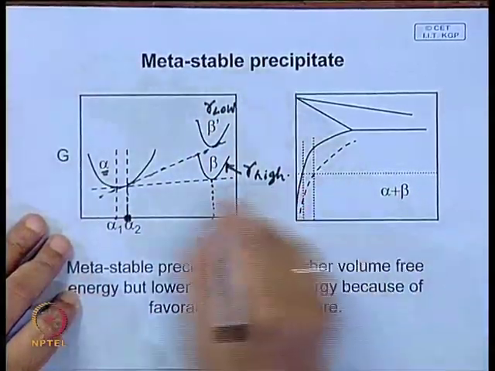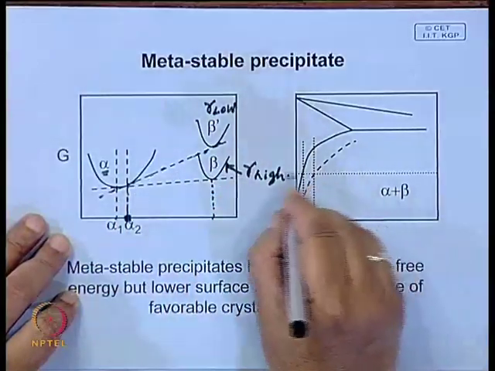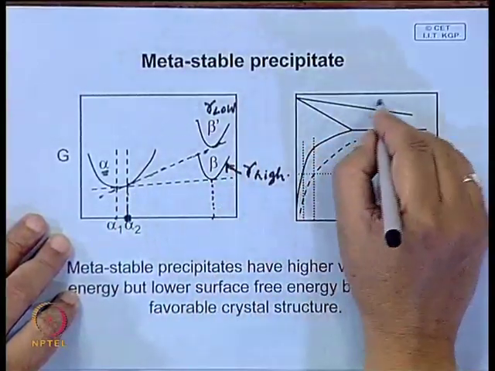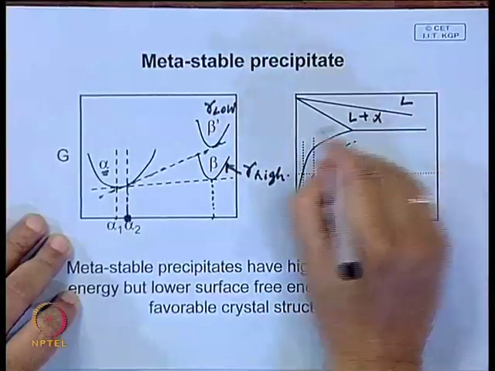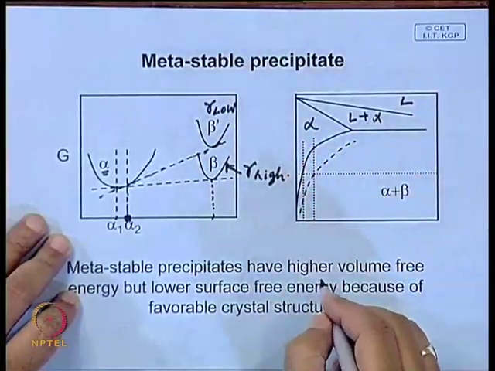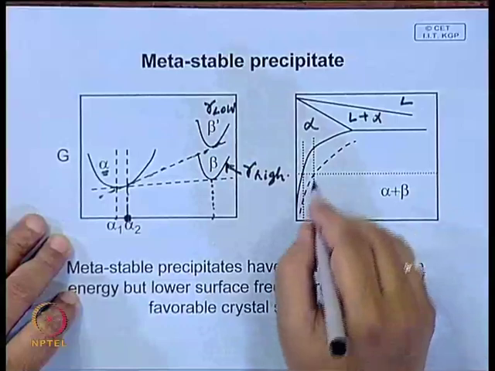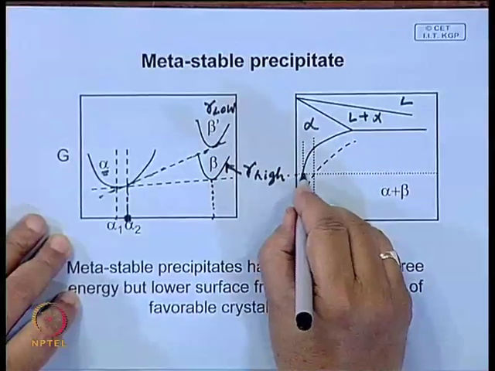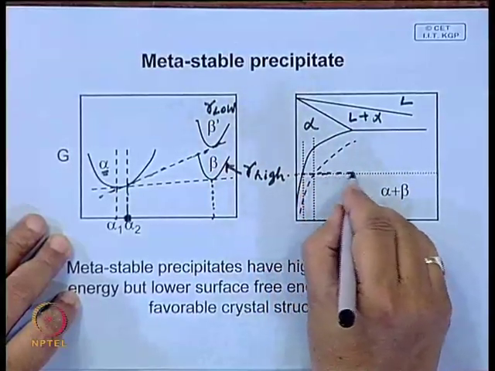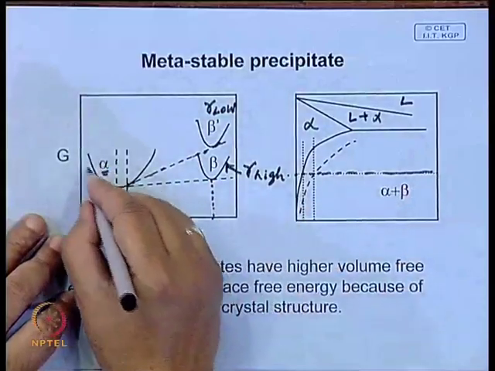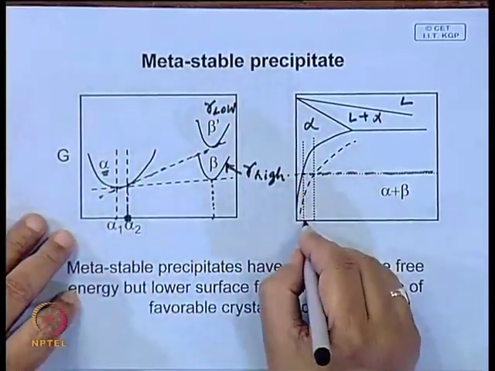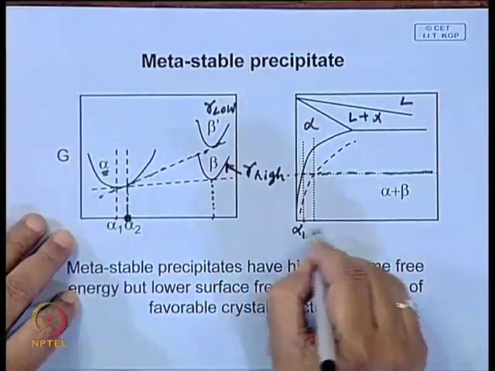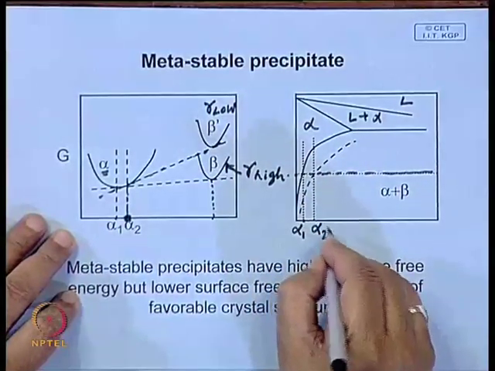So, say this free energy composition diagram corresponds to this phase diagram: this is liquid plus alpha, this is alpha, and let us say this is the temperature at which we have drawn this free energy composition diagram. Now, this is alpha 1, this is alpha 2.